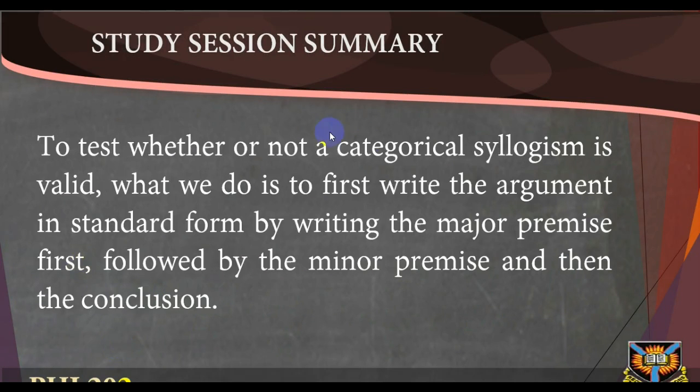To test whether or not a categorical syllogism is valid, what we do is to first write the argument in standard form by writing the major premise first, followed by the minor premise, and then the conclusion.